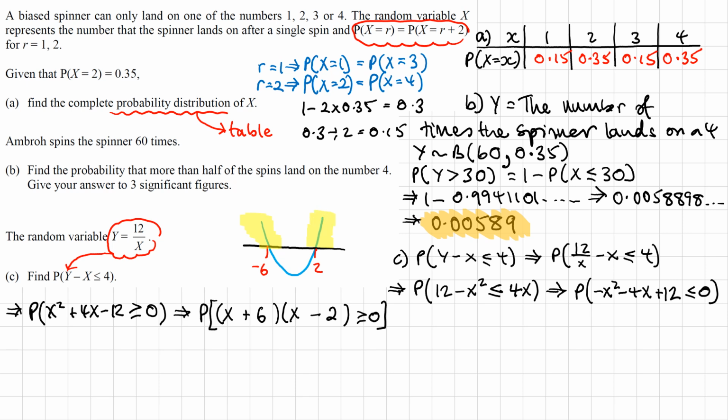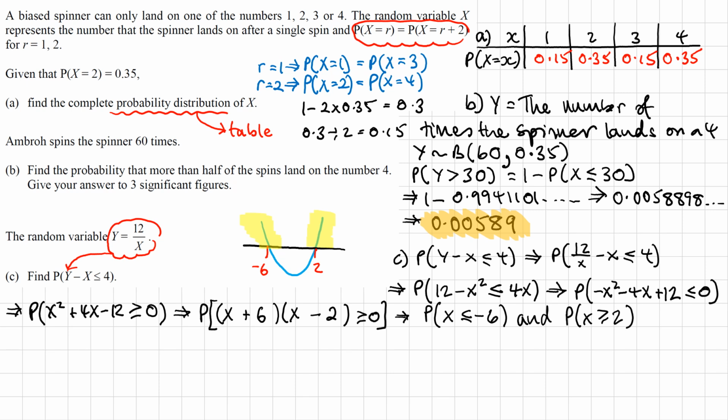So this now works out to be this question: the probability of, and I want these bits, x less than or equal to -6, and the probability that x is greater or equal to 2.